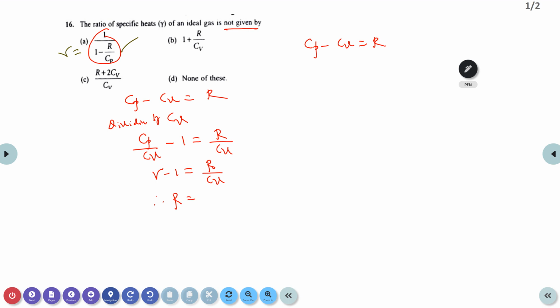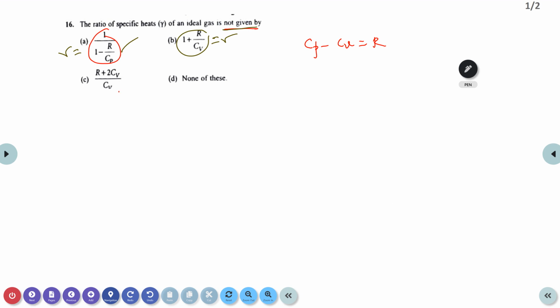Therefore, gamma equals R divided by Cv plus 1. That means this equation is also right. Or we can write gamma equals 1 plus R divided by Cv. This also we can represent in terms of gamma. But our question is about which is not given.